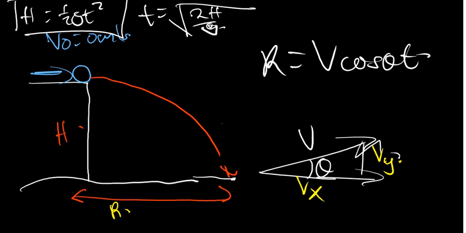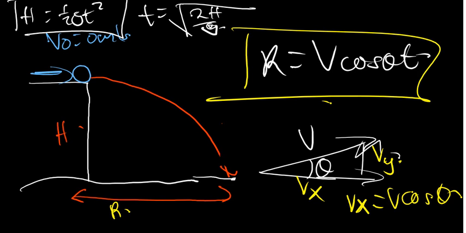So vx in this case is going to be equal to v cos theta using SOHCAHTOA. So this happens to be our formula for finding the range. That's what we're supposed to know under the first trajectory.